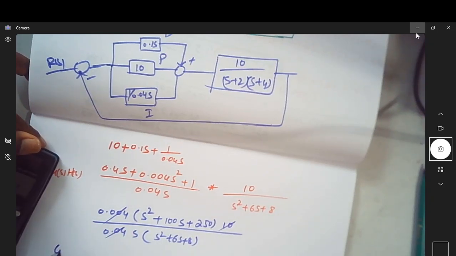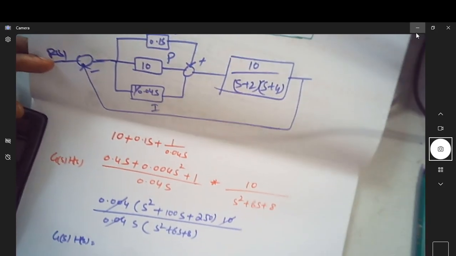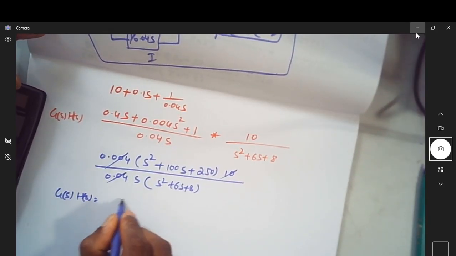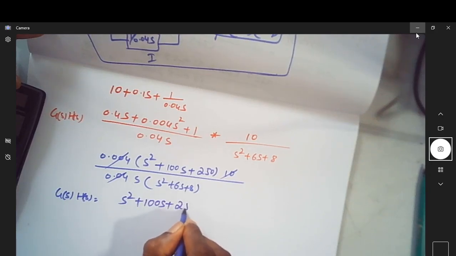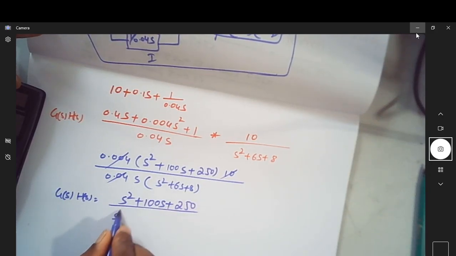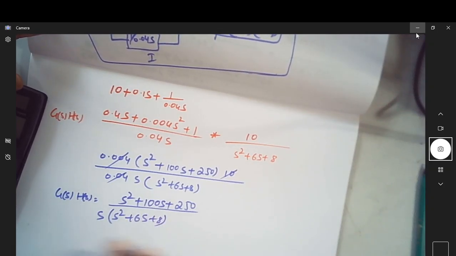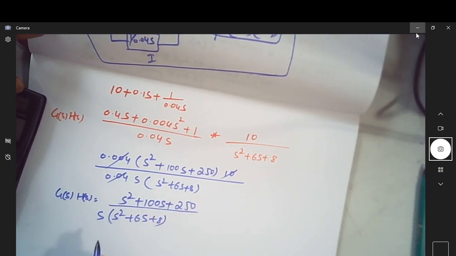So what is your G(s) into H(s) of the PID controller? This becomes s square plus 100s plus 250 divided by s into s square plus 6s plus 8. So this is my G(s) into H(s).